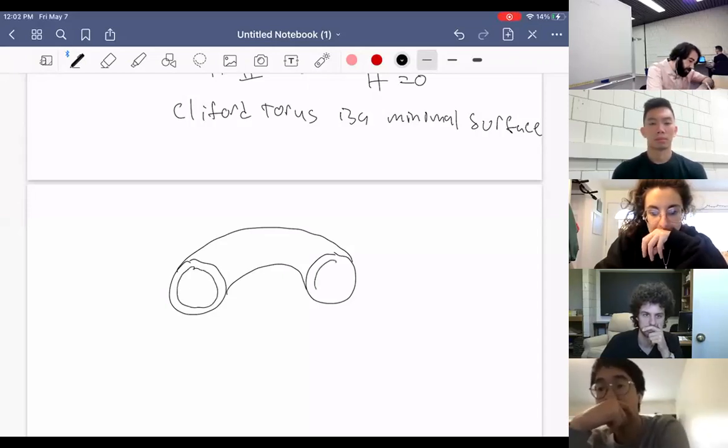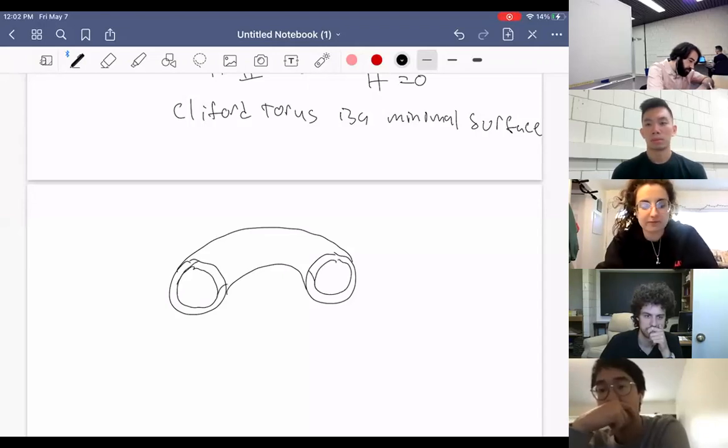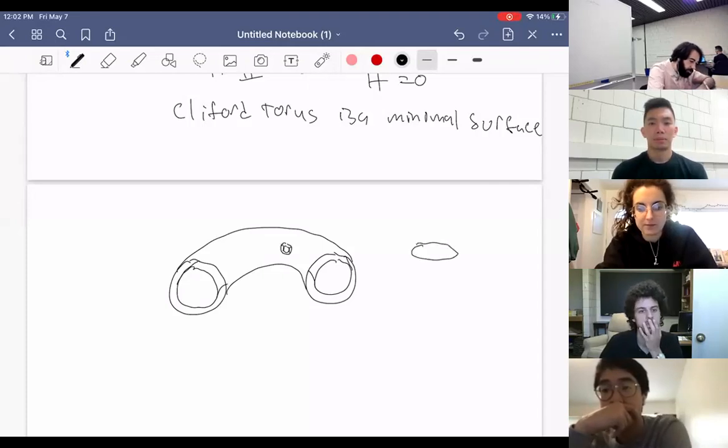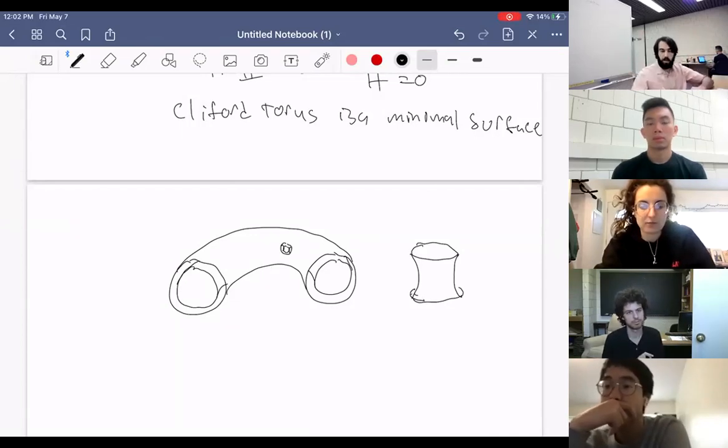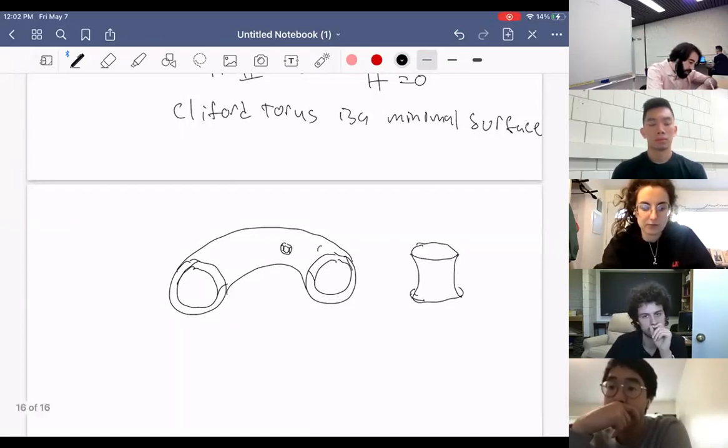And let's put it directly inside. And then they cut holes in these two and attach them together by catenoids, which are the minimal surface in Euclidean space that looks like this, the nuclear exhaust tower thing. And they cut lots of holes and attach them like this.